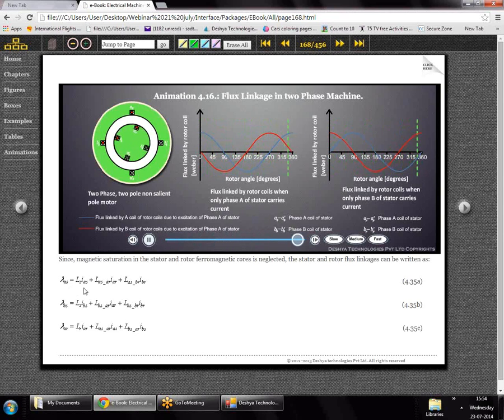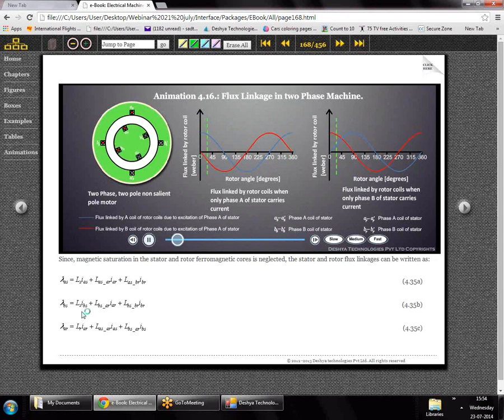This flux linkage is equal to the self-inductance of the stator multiplied by the phase A current of the stator, plus the mutual inductance between phase A of the stator and phase A of the rotor into the phase A current of the rotor, plus the mutual inductance between phase A of the stator and phase B of the rotor into the current in the phase B of the rotor. So this is the expression of the flux for phase A. The coil in the phase A will link this flux.